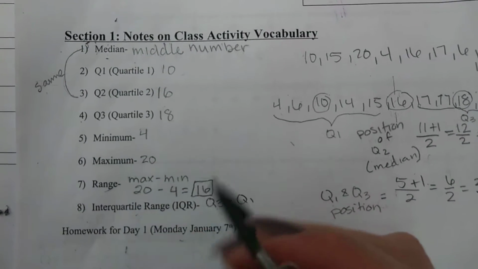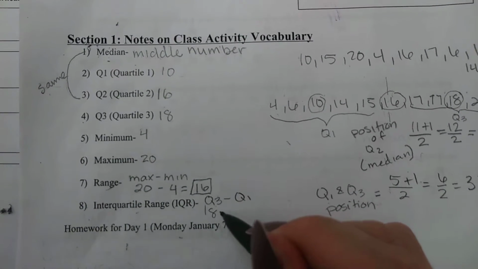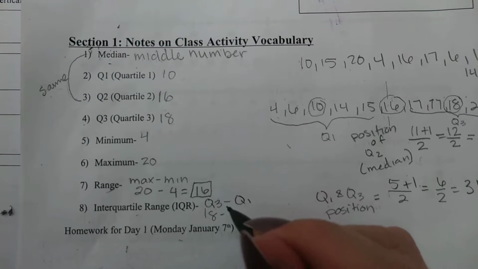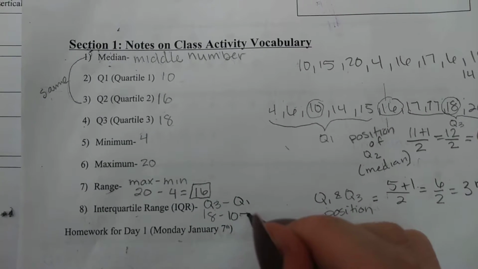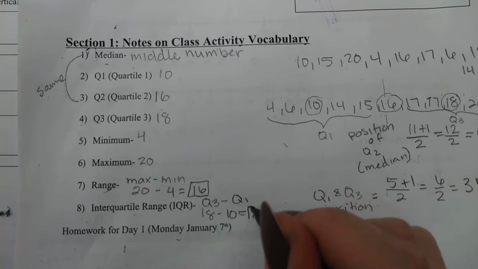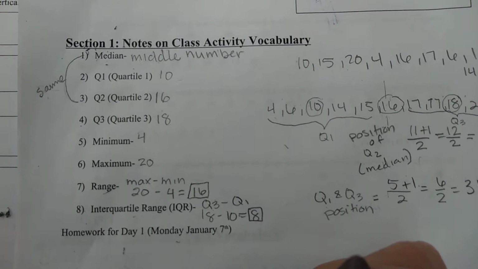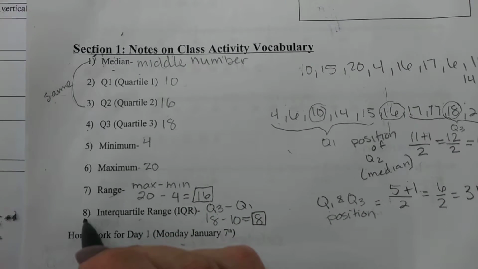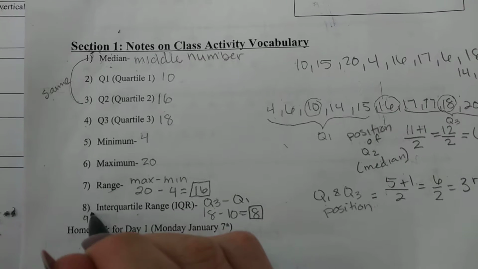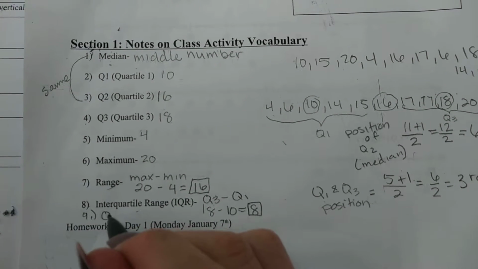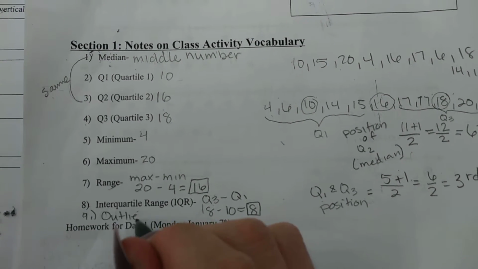Here my quartile 3 is 18, my quartile 1 is 10, so my interquartile range is 8. Now I'm going to add one more that you should know because you'll need it when you graph, and that's your outliers.